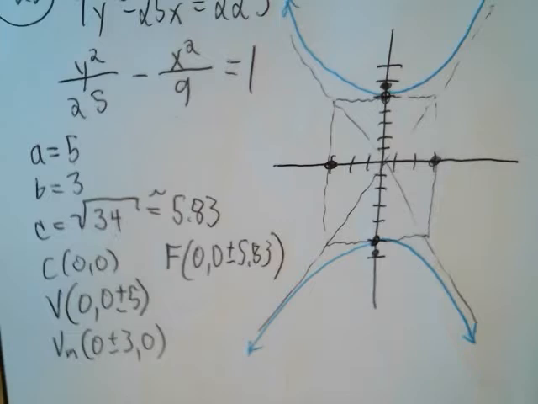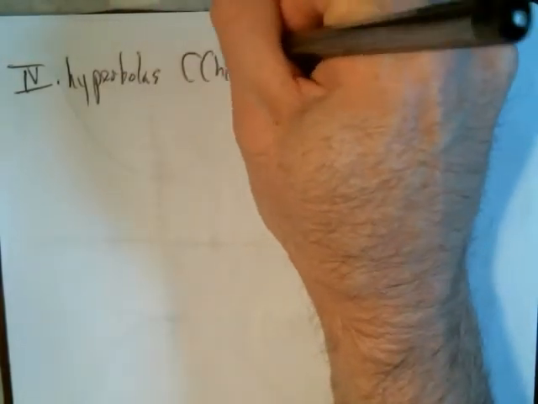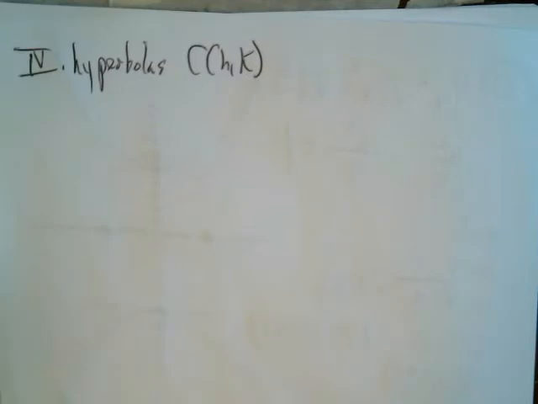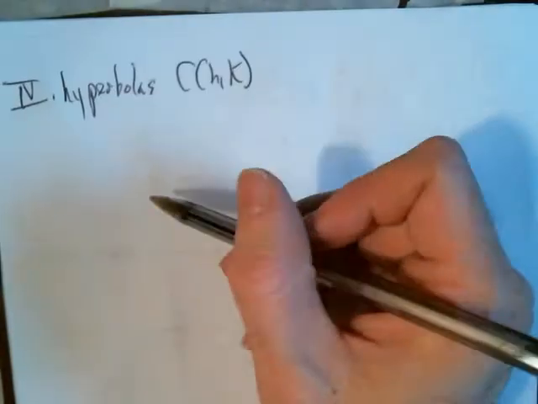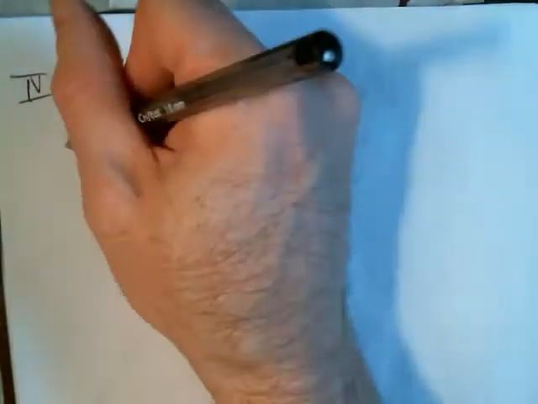Okay, so now we want to look at non-zero, non-origin centered hyperbolas. So section 4. And the resulting formula is very similar to what we did with the ellipse. You're just going to sort of sneak in an h and a k. And let's take a look.